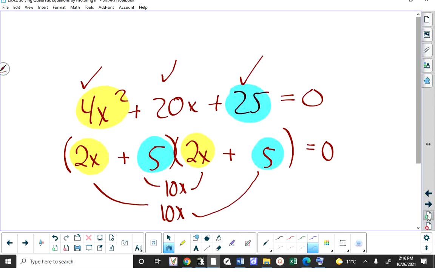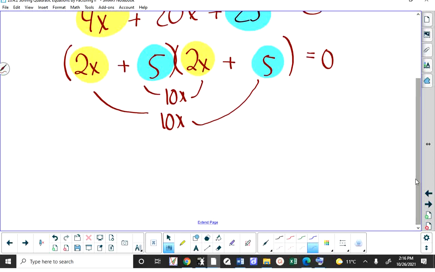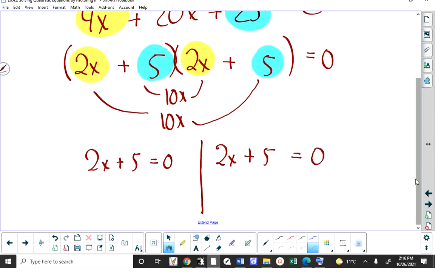Now, since we have two factors, I have to set each of them equal to 0 to solve the equation. But I hope it's clear that when I take the first factor and set it equal to 0 and solve it, and then I take the second factor and set it equal to 0 and solve it, I'll get the same number.